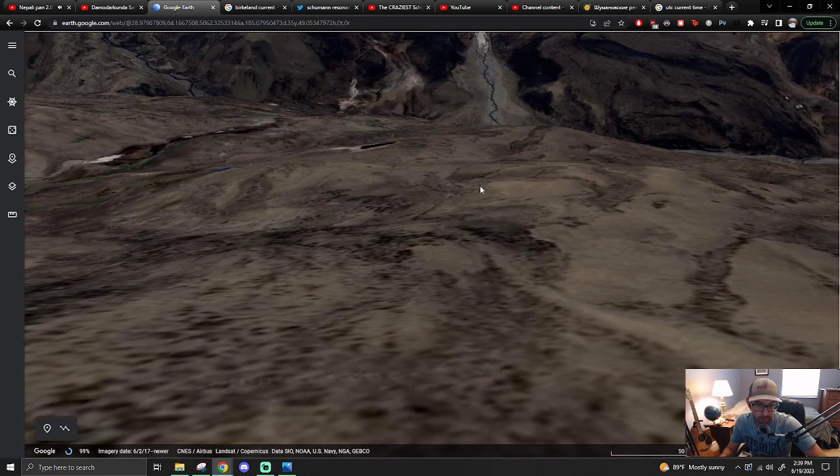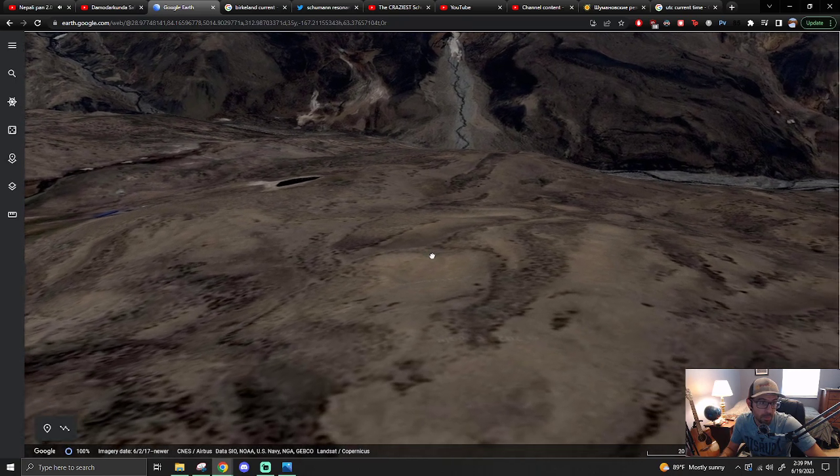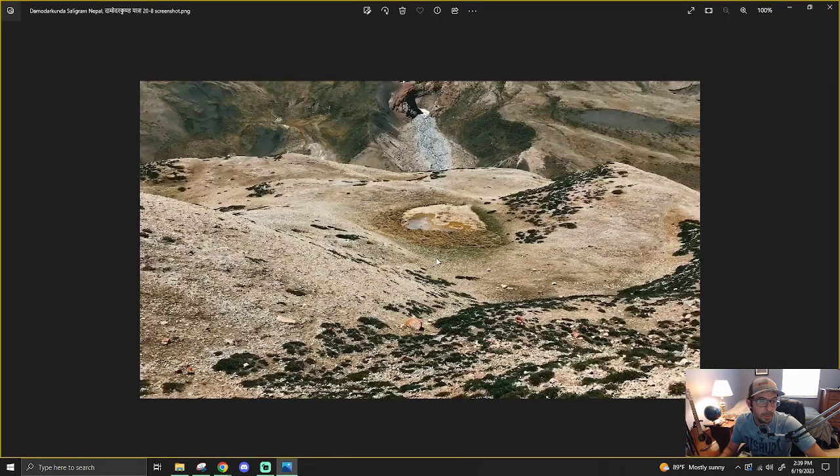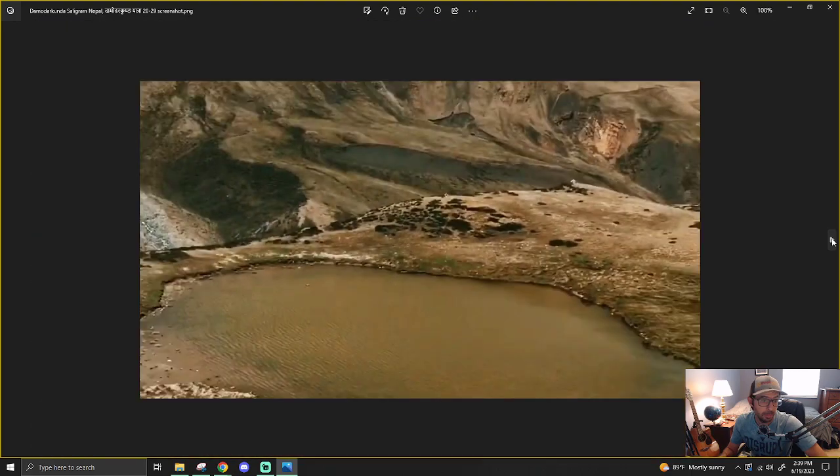Like in a good spot for a photo like this, so maybe here. It's just hard to say. Okay. These are probably the lakes. Can't even tell necessarily.